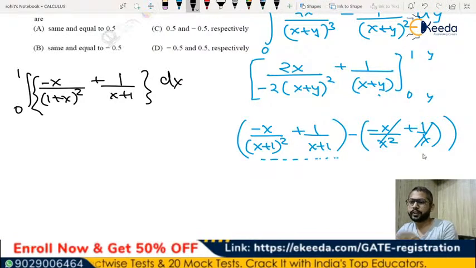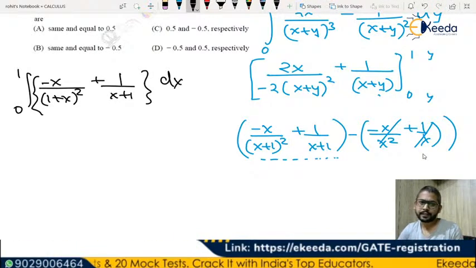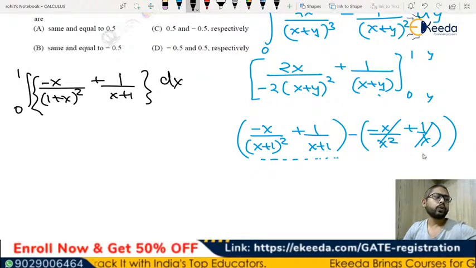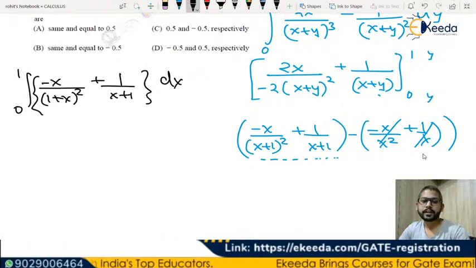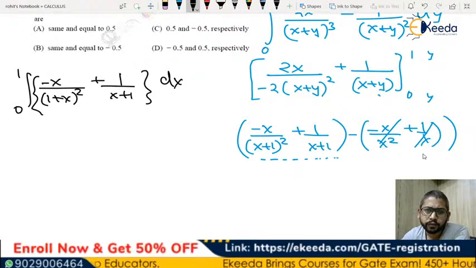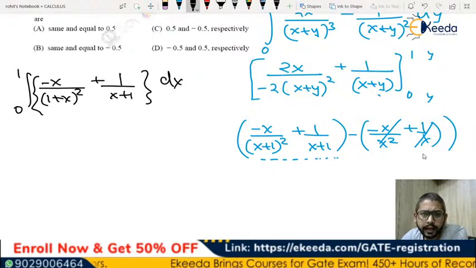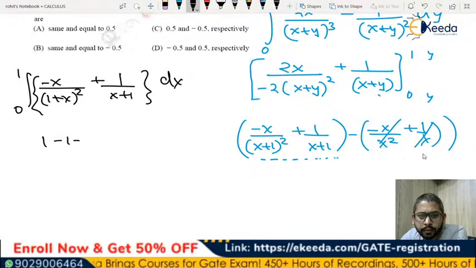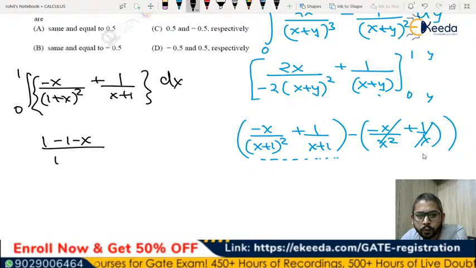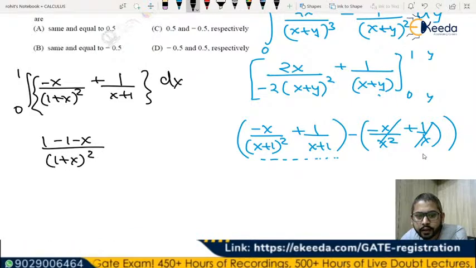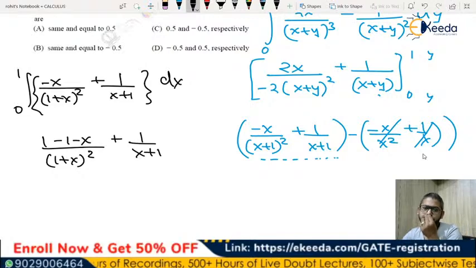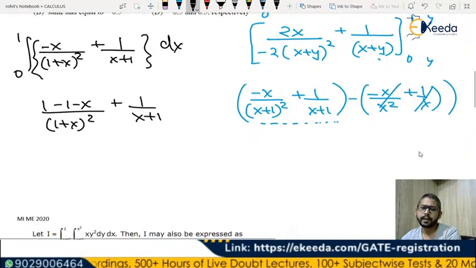In the previous part you were taking x as a constant, but in this case you already have a constant here. So in this case, again, what you can do is you can use the method of partial fraction. You can write the first term as 1 minus x divided by 1 plus x square plus 1 by x plus 1. Right?